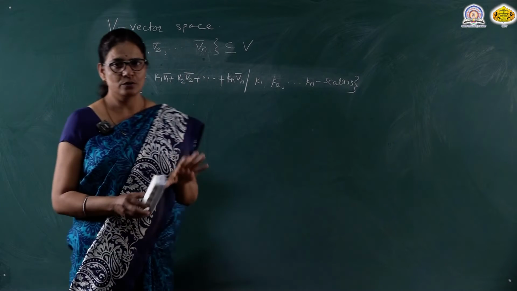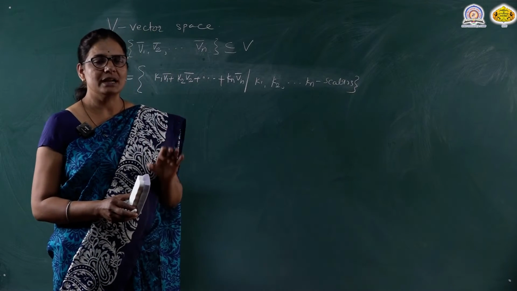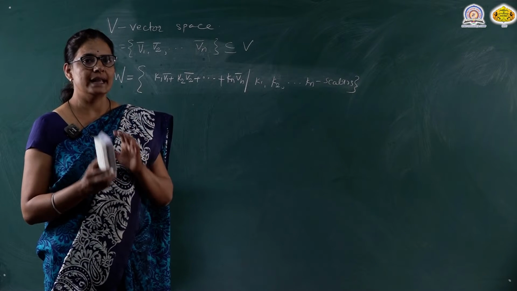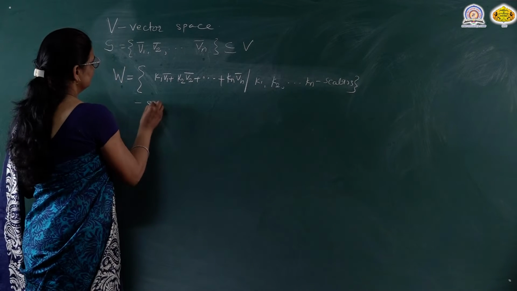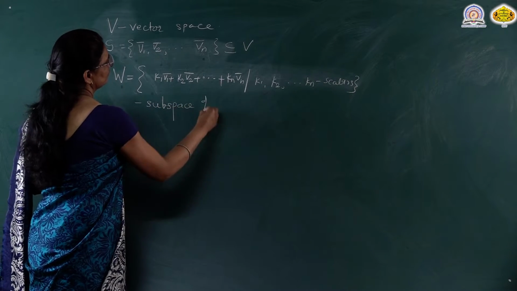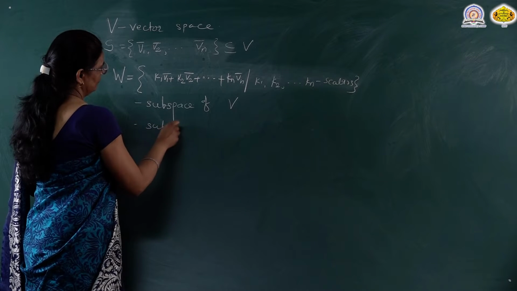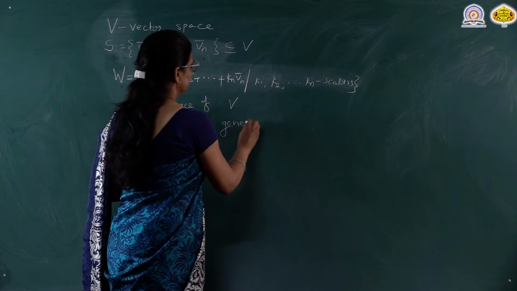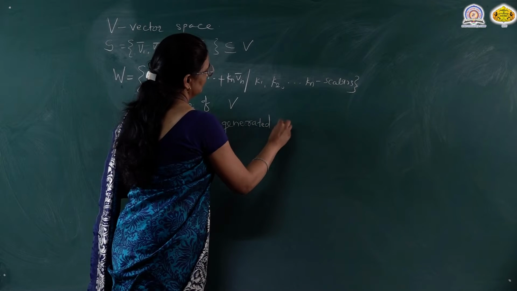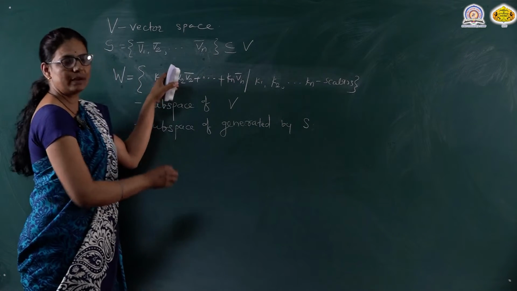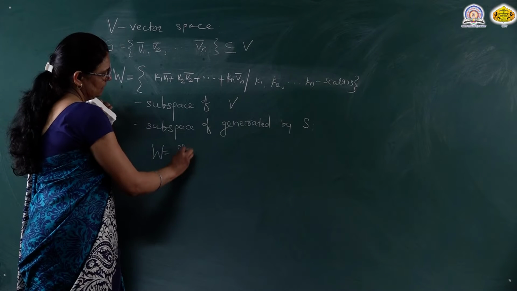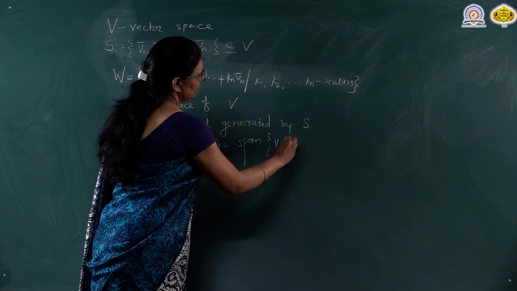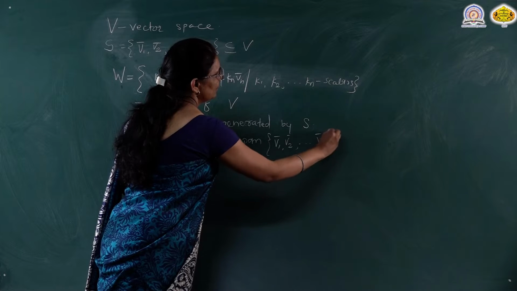That is, first of all, it is a subspace of V, and this subspace is called the subspace generated by the vectors V1, V2, Vn, or it is called span of S. It is denoted by the symbol span of S, or sometimes it is also written as span of V1, V2 bar and Vn bar.